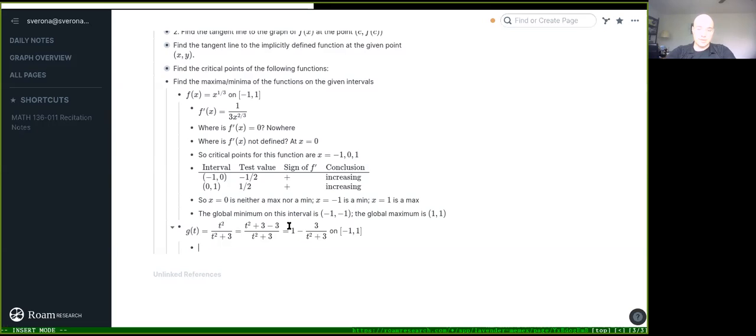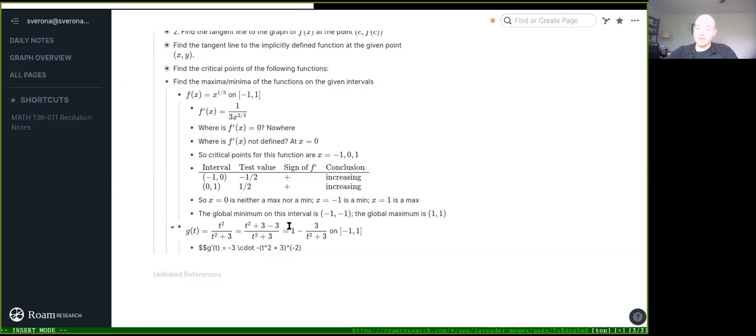So let's do this. Then g prime of t, the 1 is going to differentiate out, and then I'm going to have negative 3. This is t squared plus 3 to the minus 1 that I'm really taking the derivative of here. So the minus 1 is going to come out ahead of the thing, and I'm going to have a minus 2 sitting here.